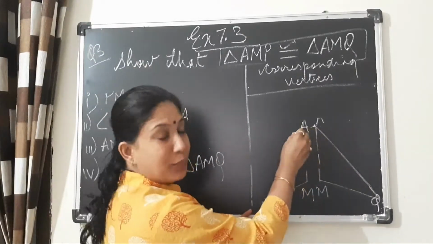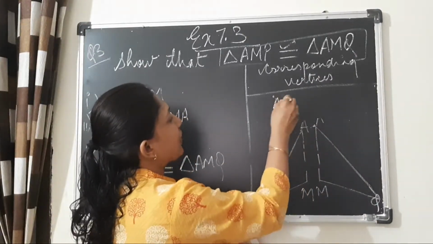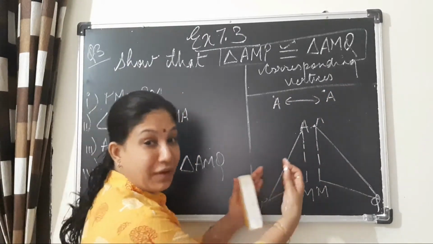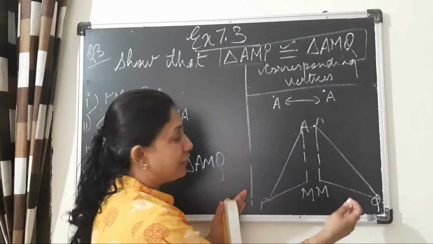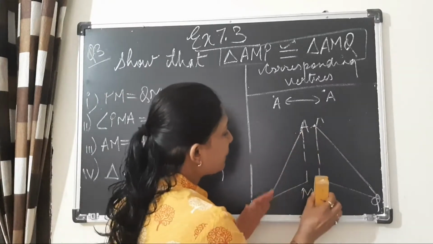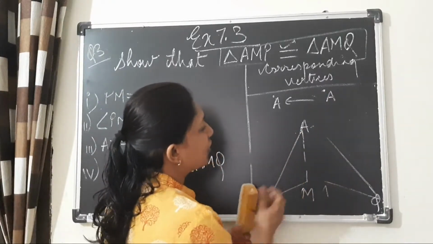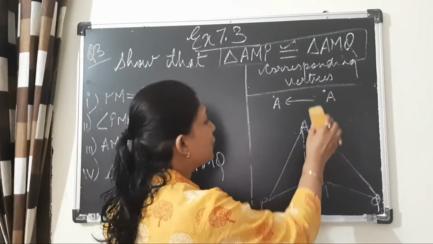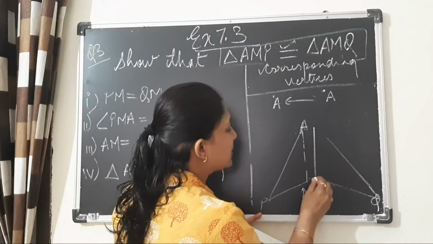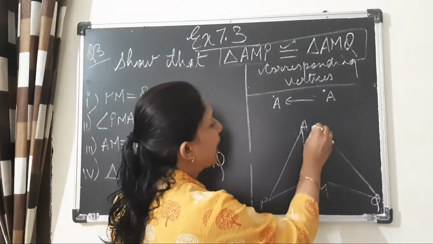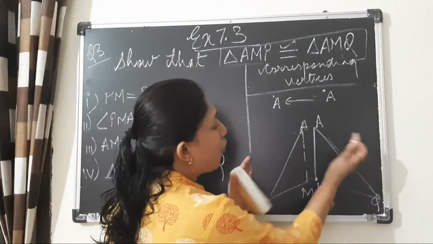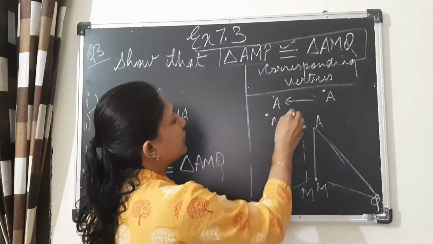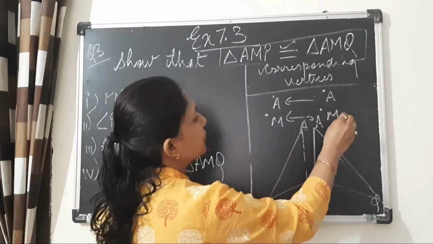So that is a common point, and A is matching with A only. Suppose I rejoin them, the triangle becomes the original one. So vertex M and vertex A are common for both triangles.